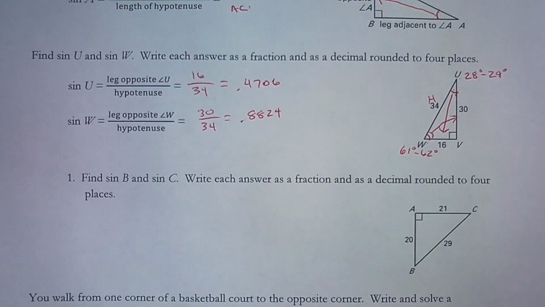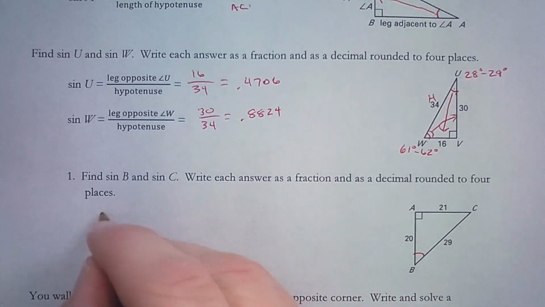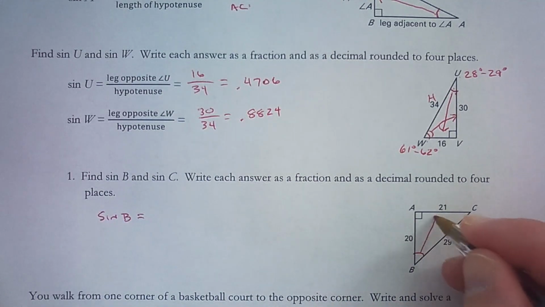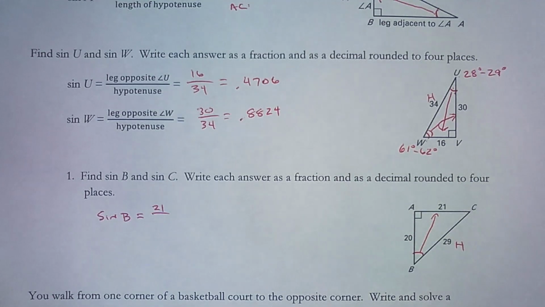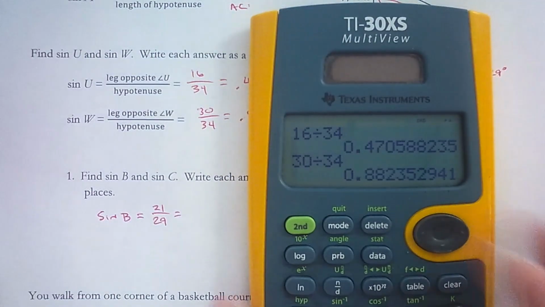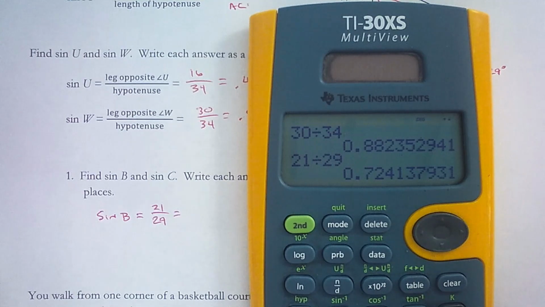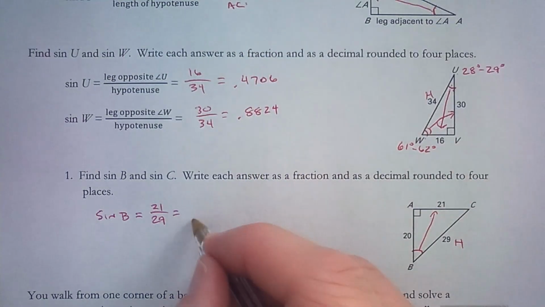Okay, so let's try another one of these. Find sine of angle B. So here's angle B. Sine B equals opposite leg, 21, over the hypotenuse, which is always the longest side, and that is 29. So 21 divided by 29 is 0.7241.